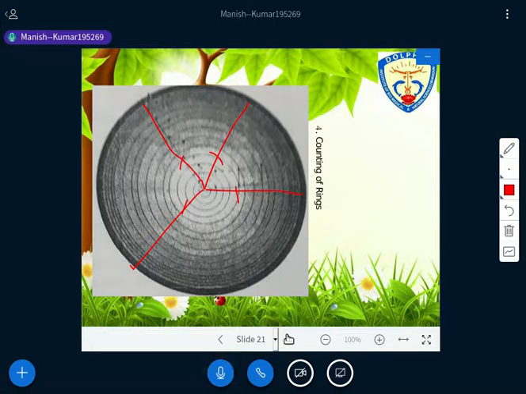In the procedures we have discussed stump selection, then number of stumps, then preliminary works, then the fourth step, counting of rings. Up to this point, is there any question from any student?